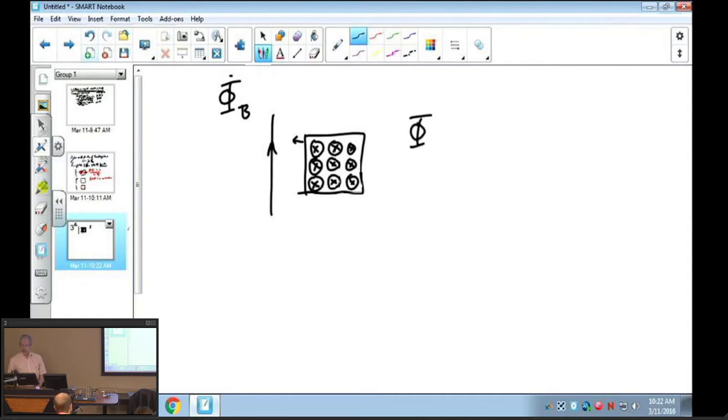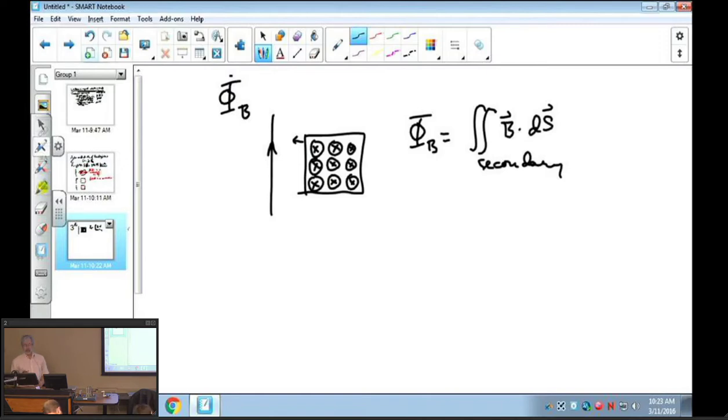The magnetic flux is then the integral over the area of the secondary of B dot dS, where S is the surface area element. So how much of the magnetic field flows through that secondary. And that will change in time, in this case, because we're pushing the secondary towards the primary.